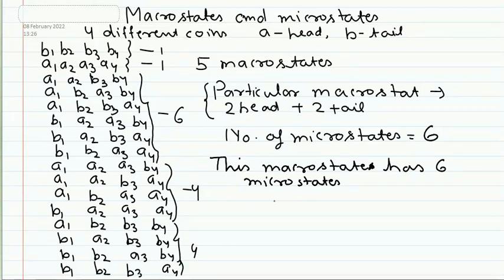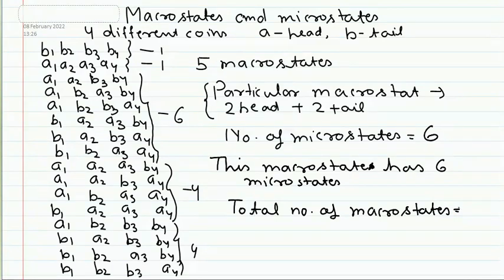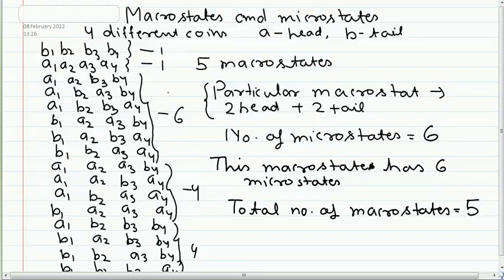Now tell me, what is the total number of macrostates in this example? Meaning how many groups are being formed. The total events are 16. So what is the total number of macrostates? Yes, it is 5, because we have 5 groups, 1 2 3 4 5.